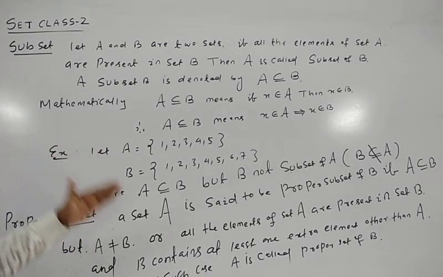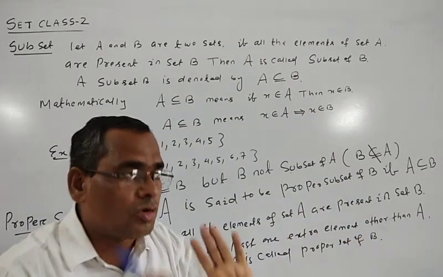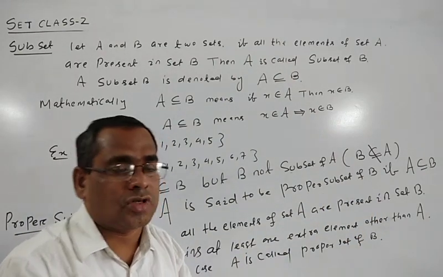If all the elements of A are present in set B but A is not equal to B, then it is called A is a proper subset of B.